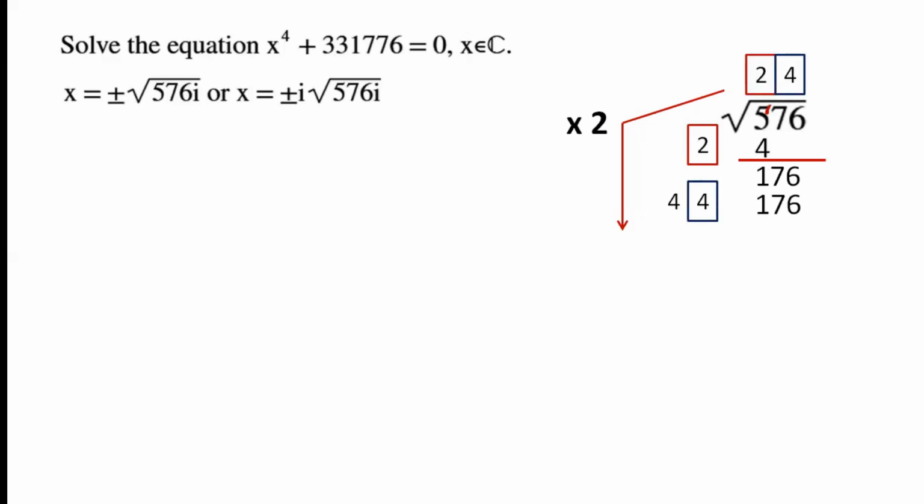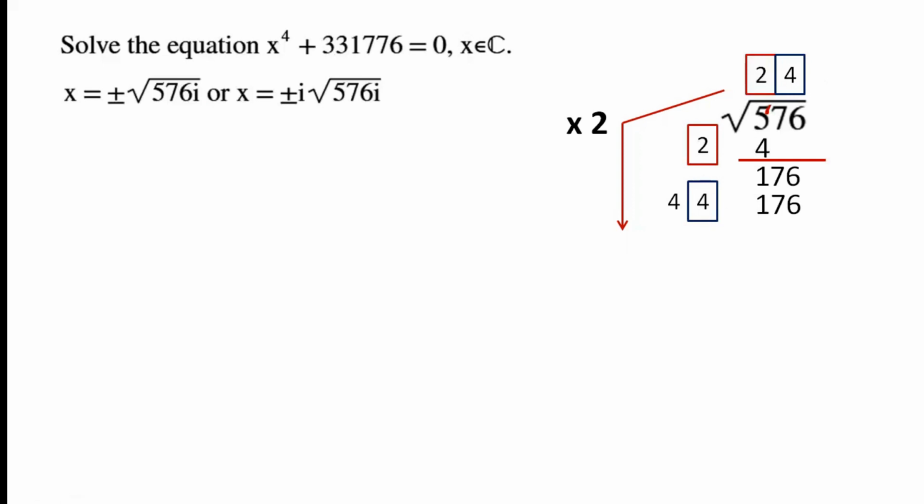Now we find the next quotient digit such that this number times this number is less than or equal to this number. We find that the next quotient digit is 4, so we write 4 here and 4 here.